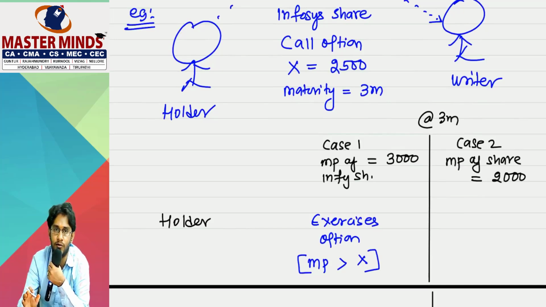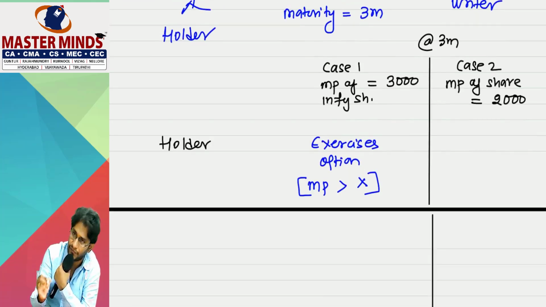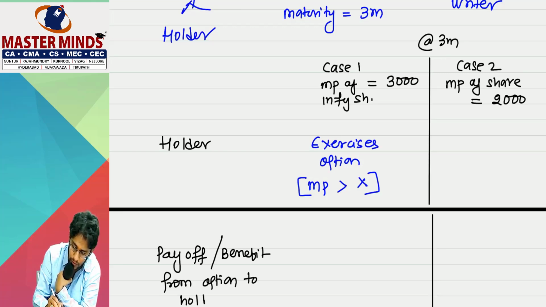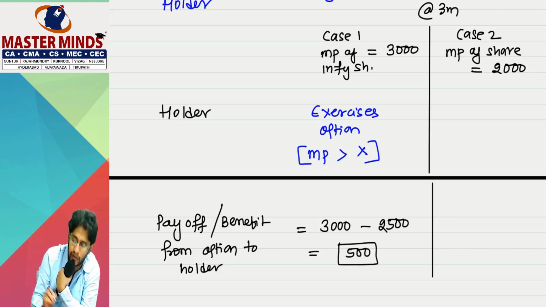Market share is 3000, but I am buying the share only at 2500. Therefore, definitely there is a gain of 500. If 500 is called premium, we'll talk later on, it is called payoff, or if you don't like the word payoff, it is called the benefit from the option to the holder. A 3000 share I am buying only at 2500. So therefore there's clearly a gain of 500.